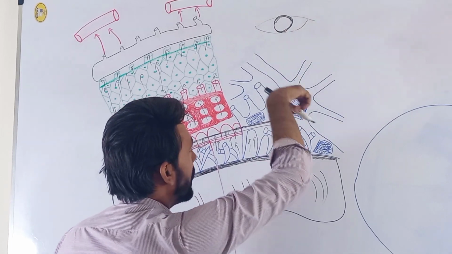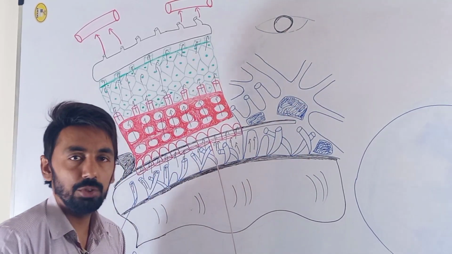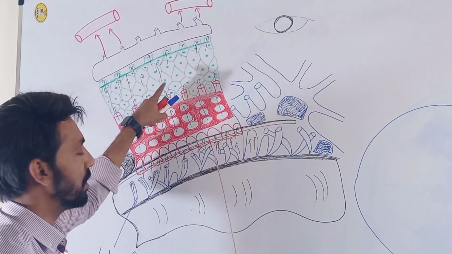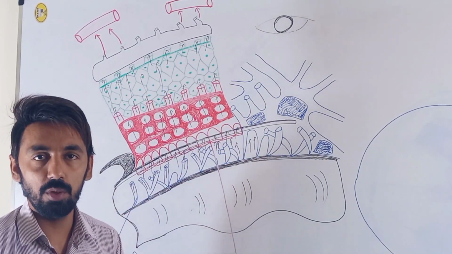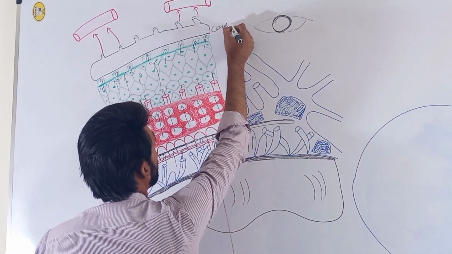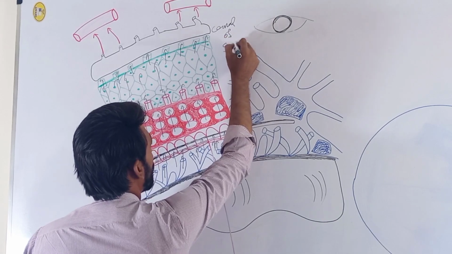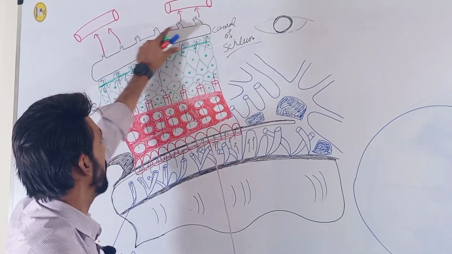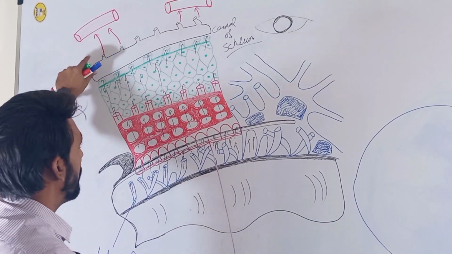It is the second structure after the trabecular meshwork that is most important for the drainage of the aqueous humor. I can write it here: the Canal of Schlemm, which is in the black marker.